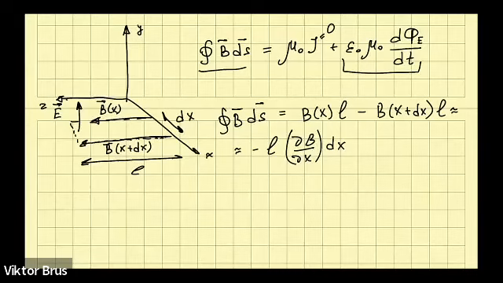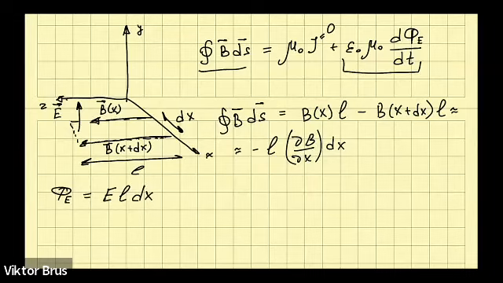The electric field flux is equal to the electric field magnitude times the length of this rectangle times its width, dx.